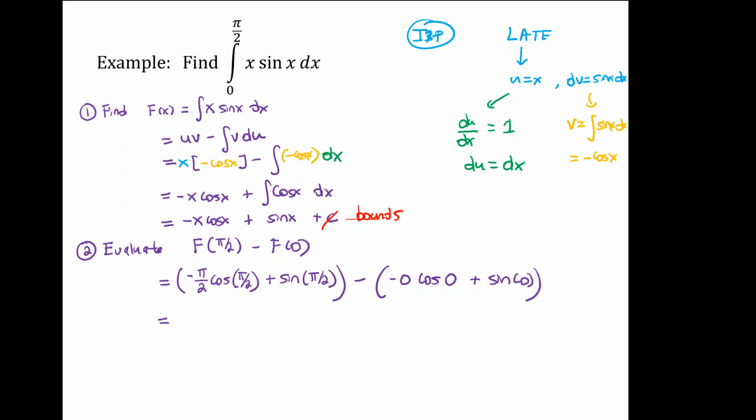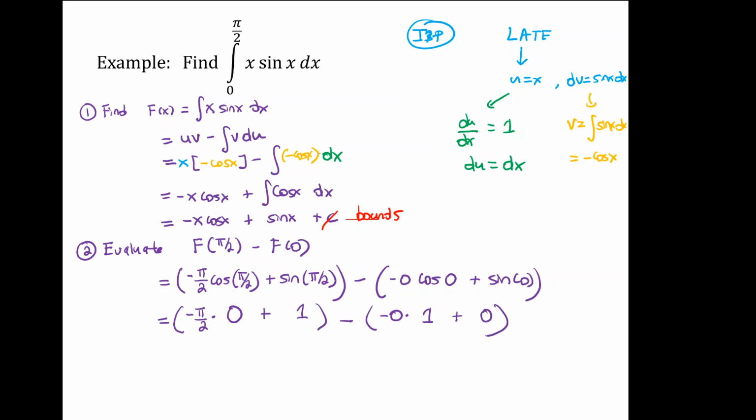Okay, so negative pi over 2 multiplied by 0, since cos of pi over 2 is 0, plus the sine of pi over 2, which is 1, minus 0 times 1, plus 0.